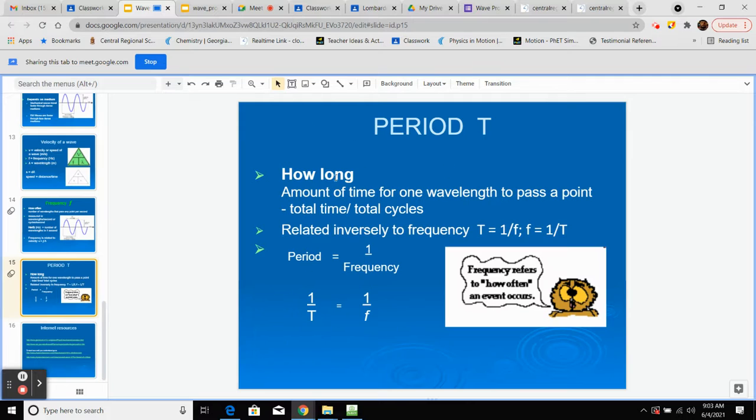So period, guys. Period is the amount of time it takes to do 1 cycle or make 1 complete wavelength. And the equations for these are: period, capital T, is equal to 1 over f, and frequency is equal to 1 over the period.